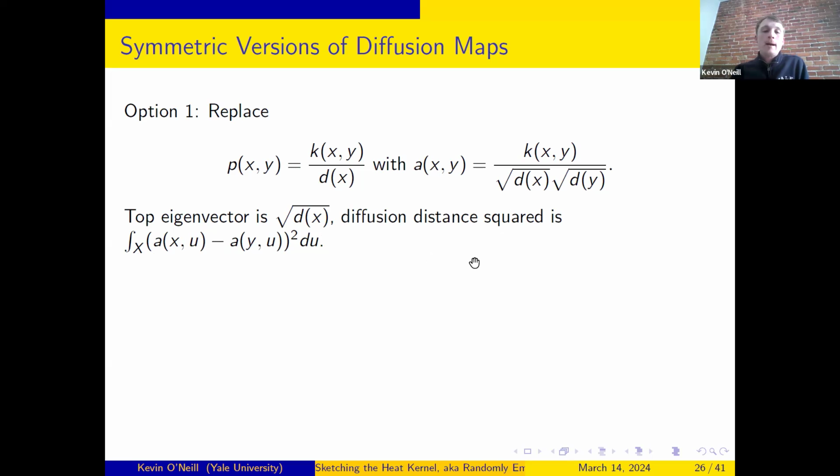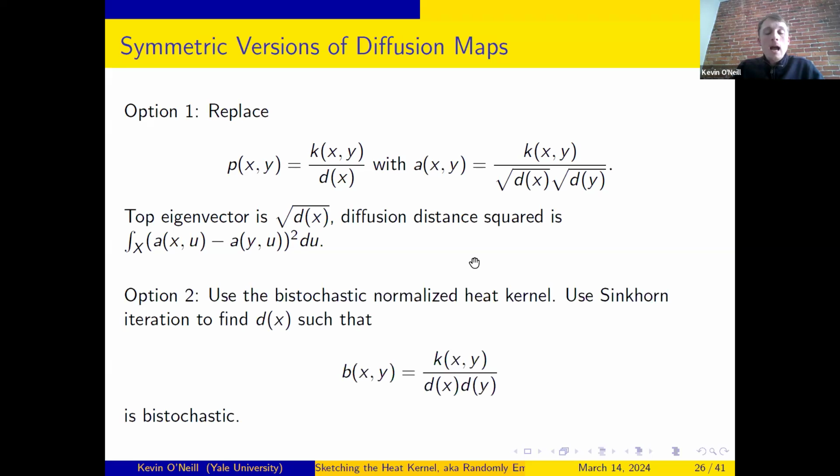We can just say let's do diffusion maps of this. It's not going to have exactly the same properties, but it's a nice symmetric kernel, and it'll have a diffusion distance, and that's great. There's another thing you can do, which is a bistochastic normalization. What it says is you start off with your symmetric kernel, and you want to find a d, which isn't the same d as the one above. It's not the degree or anything.